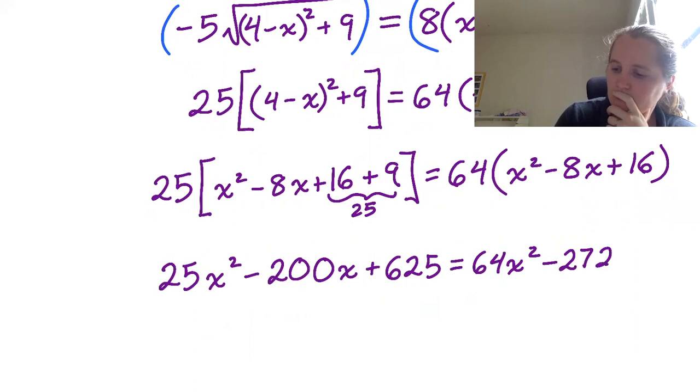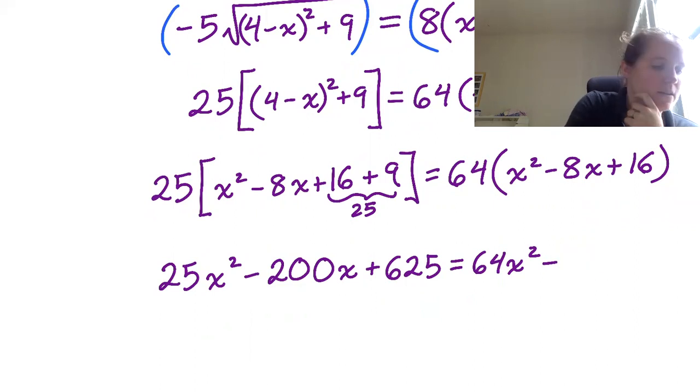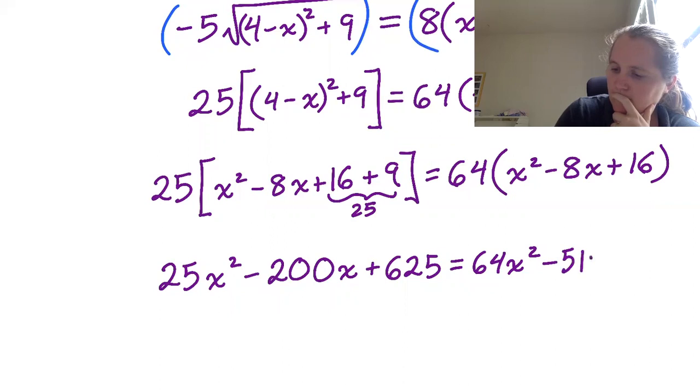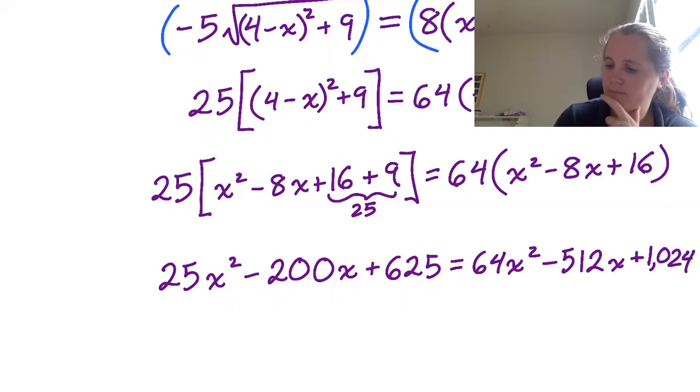Sorry, not 272. If we do 8 times 64, we wind up with 512. So we have minus 512x, and then that would be plus 1024.